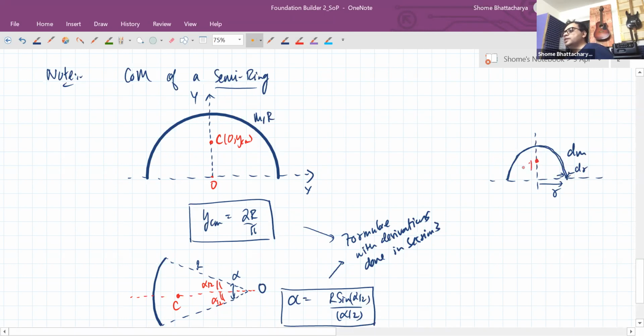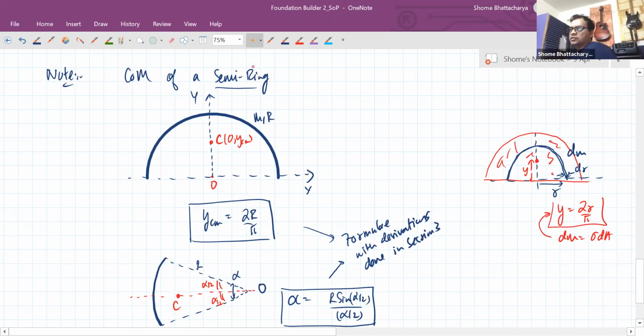So this y coordinate will now be 2r by pi. It's not the center of mass of the whole disk, because the whole disk consists of more mass, but only that small part dm is located where it's located there. So this dm's y coordinate of the center of mass is this.